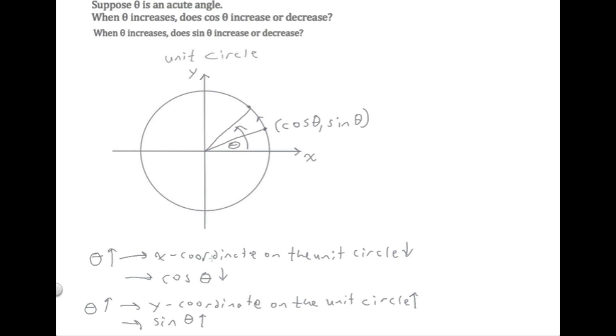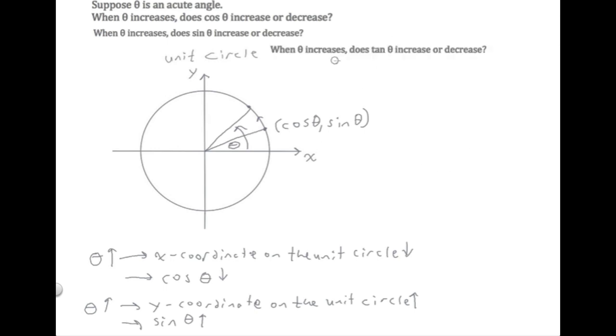So you can see that for acute angles, again, we're assuming it's an acute angle, less than 90, when you increase theta, you increase the sine of theta. So you can see the pattern is quite different for sine and cosine. This is useful enough that you might want to memorize it, but if you forget the pattern, you should be able to quickly figure it out using the unit circle approach.